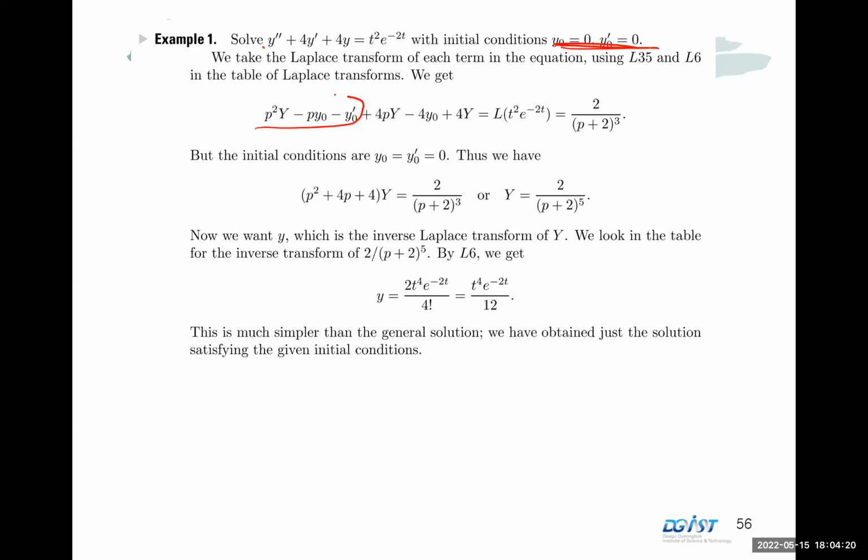So this is the Laplace transform of y double prime, and this one corresponds to the Laplace transform of y prime, and this is y. And on the right hand side, we have this relation. Now we are using L35 and L6.